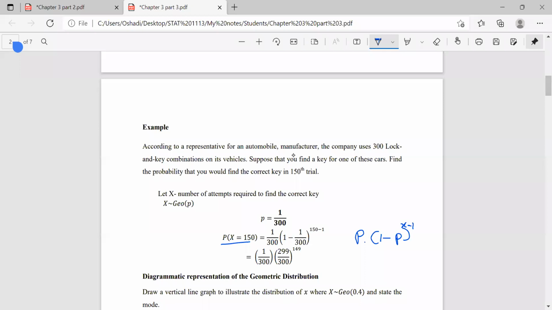P is 1/300, 1 minus P is 1 minus 1/300, and X is 150, so the power is 150 minus 1. So this is the probability that he found the correct key in the 150th trial.